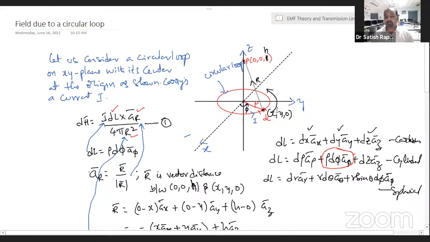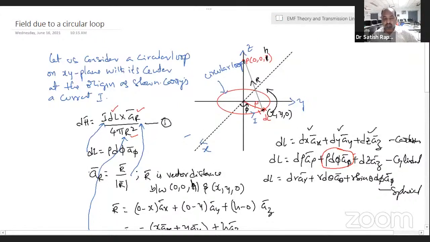The current is flowing in the anti-clockwise direction as shown in the figure, in other words in the phi direction. So therefore, dl is equal to rho d phi a phi bar.